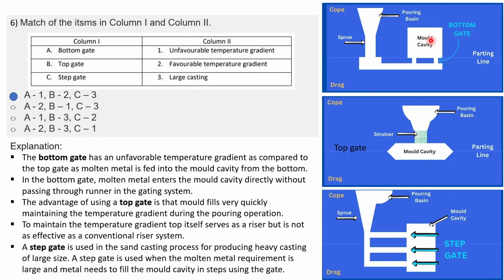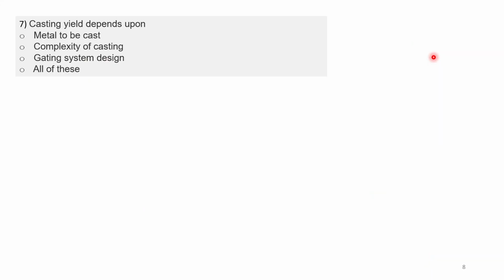Only this part is your casting. So the size of all these should be less, so that your metal consumption will be lesser for the amount of casting you have made.